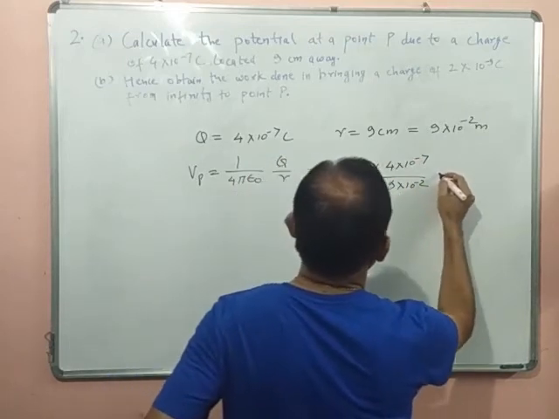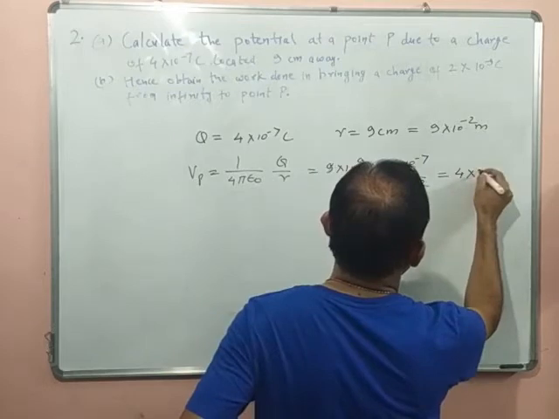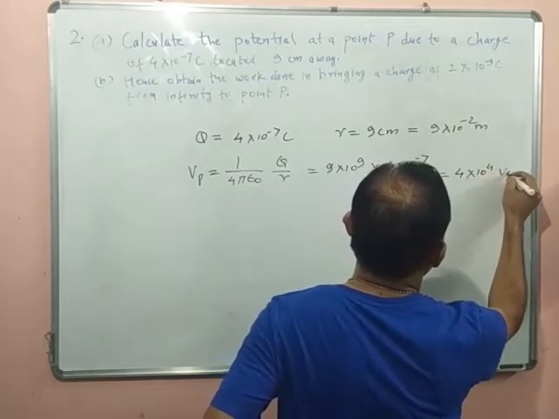So 11 minus 7 is 10 to the power 4. So the answer is 4 into 10 to the power 4 volts.